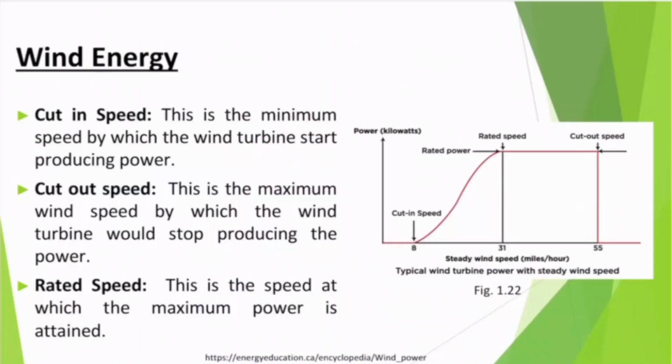Now, what is rated speed? This is the speed at which the maximum power is attained. If I plot the power output versus speed, it keeps on increasing, then becomes saturated and then starts dropping. So we need to capture the speed at which maximum power is produced from wind power.